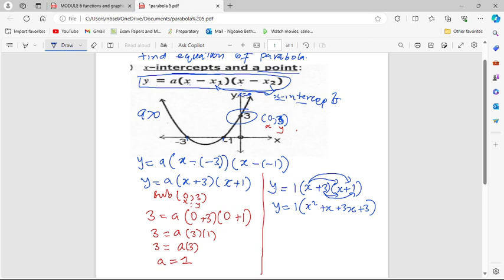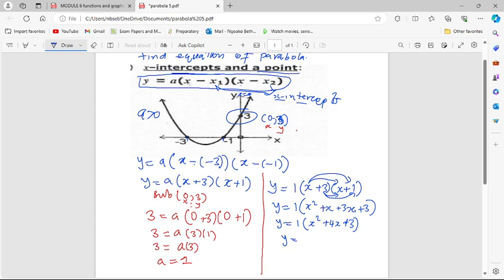Now y equals 1, and we can add the like terms: x squared, and positive x plus 3x gives plus 4x, then there is plus 3. That's when you can multiply by 1 to remove the brackets completely.